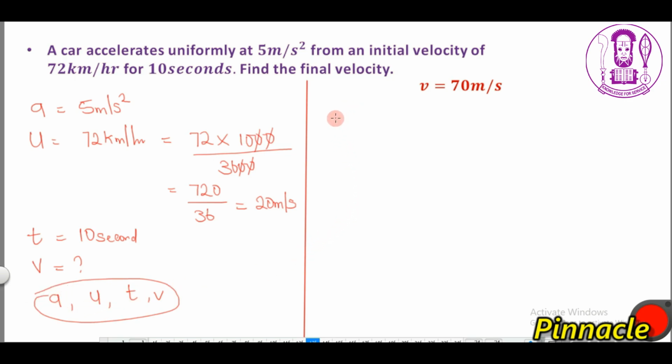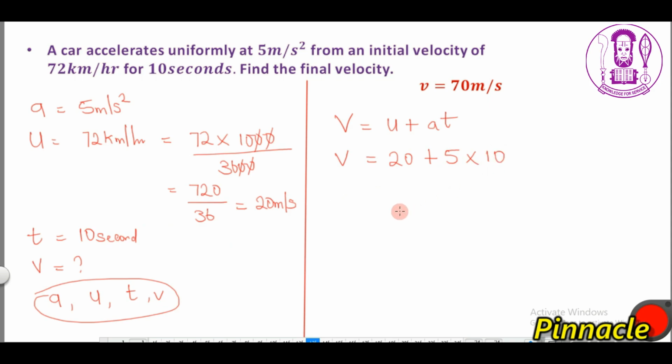And the first equation of motion is V is equal to U plus AT. So my V, which is the final velocity I'm looking for, is equal to my U, the initial velocity, which is 20, plus my acceleration A, which is 5 meters per second squared, times my time, which is 10 seconds.